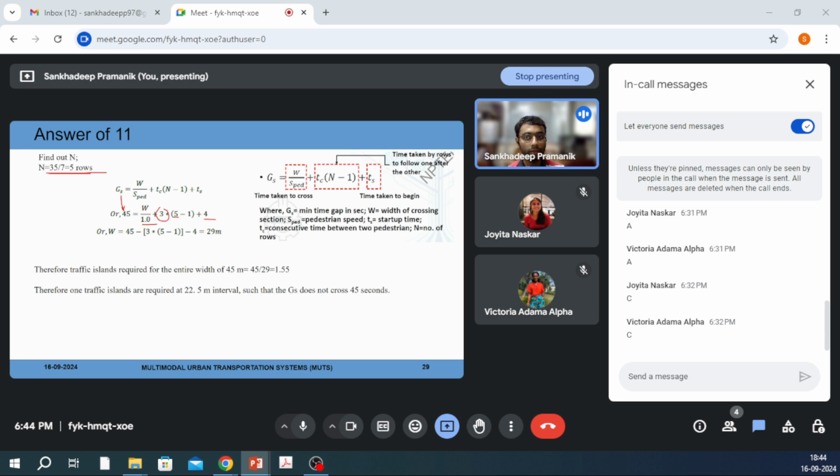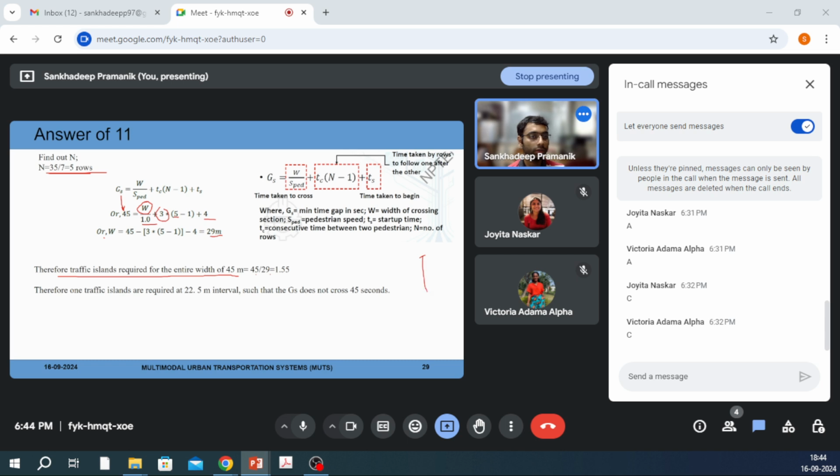So if you calculate this W, this width we need to find out that with 45 second green time, how long they can go. So it is 29 meter. So W is 29 meter. Now therefore a traffic island is required for the entire width of 45 meter, is 45 divided by 29.